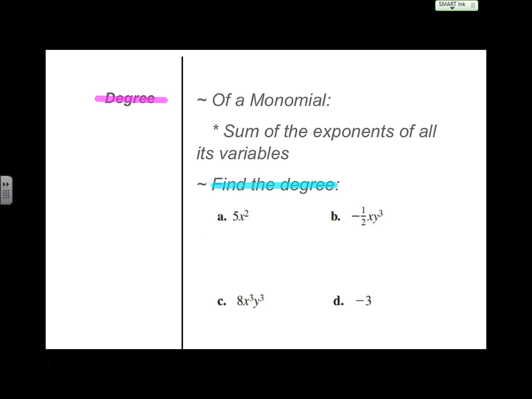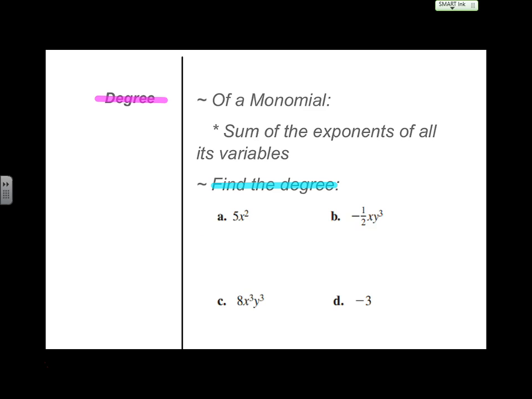It kind of means the amount, or the strength, or the magnitude. Yeah, like the level, that's a good idea. Like when we talk about the magnitude of an earthquake, we're kind of talking about its degree, how strong it is, okay?